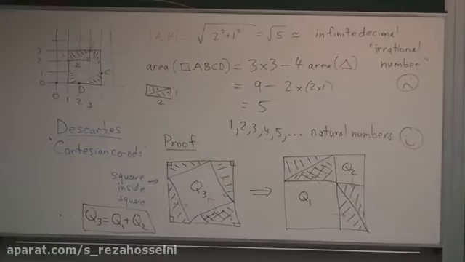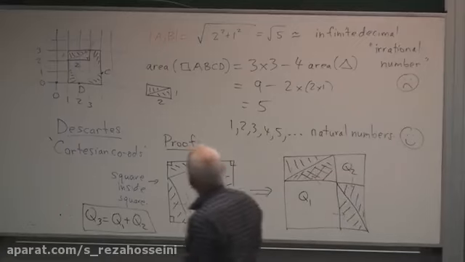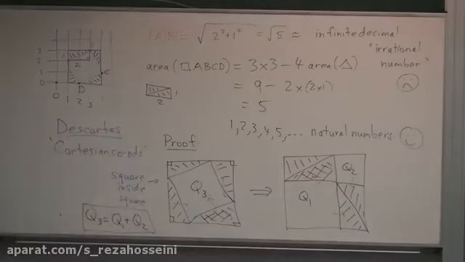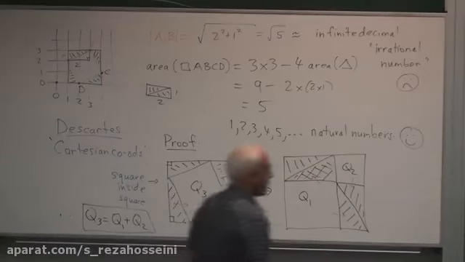Okay, so one of the reasons why Pythagoras' theorem is so important is because of this formula here that we now use to define the length in Cartesian coordinates.